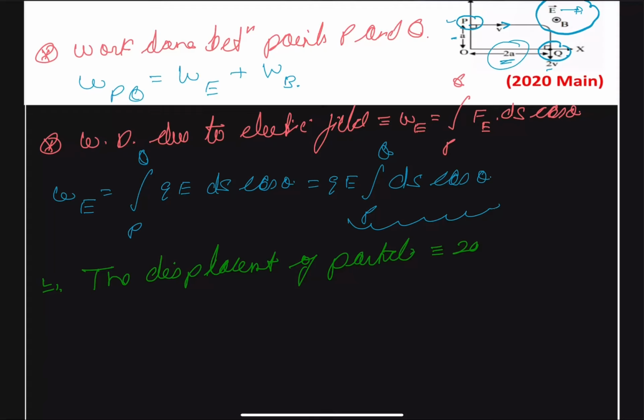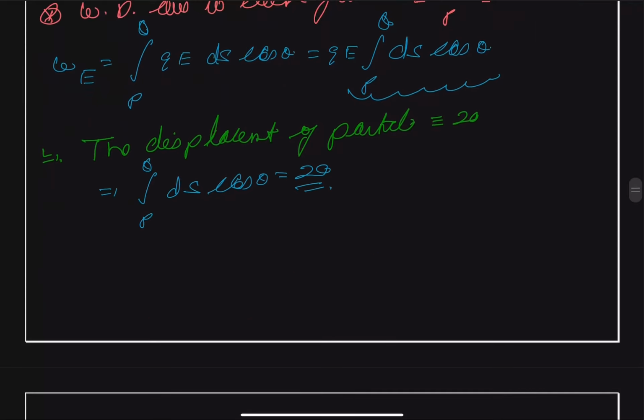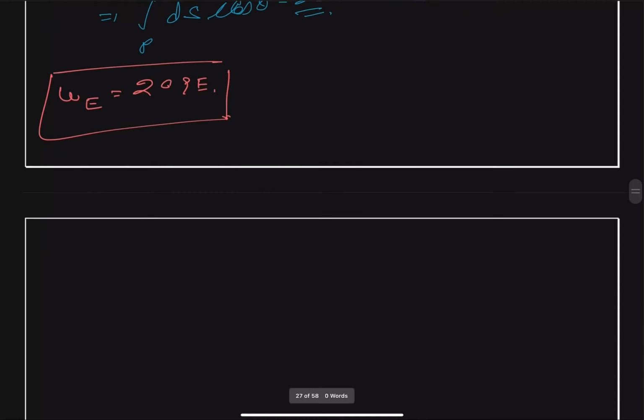Therefore, from P to Q, the integral of ds cos theta is equal to 2a. So we get the work done due to the electric field as 2a q times E. So we found the work done due to the electric field. Now we find the work done due to the magnetic field.